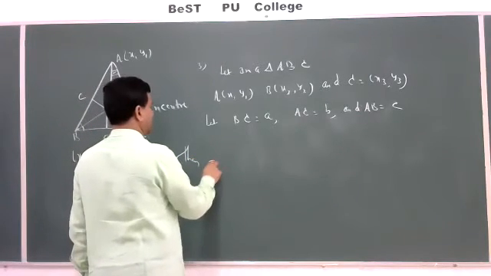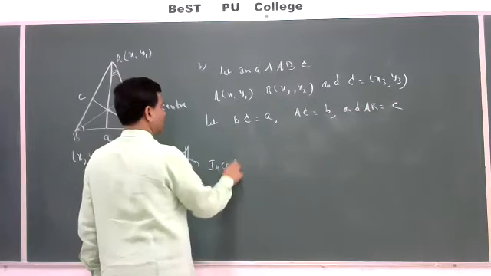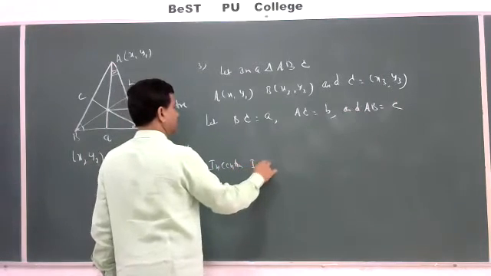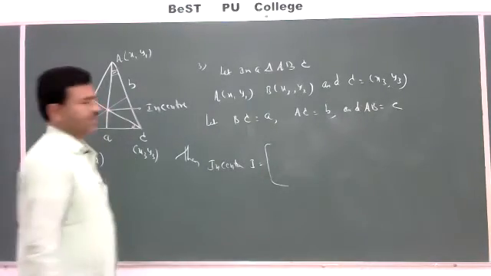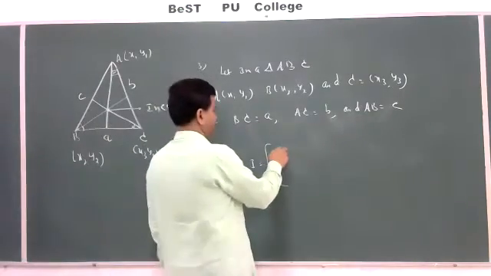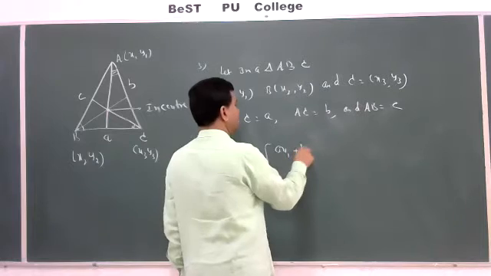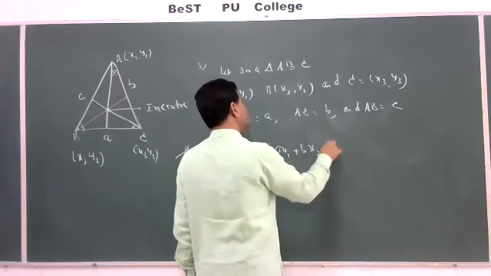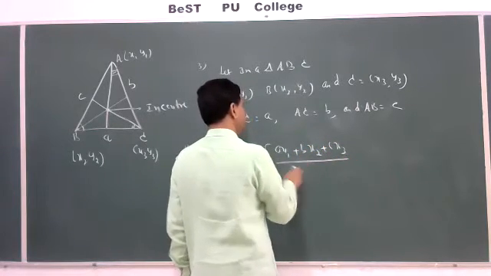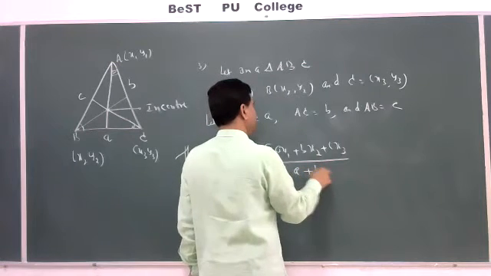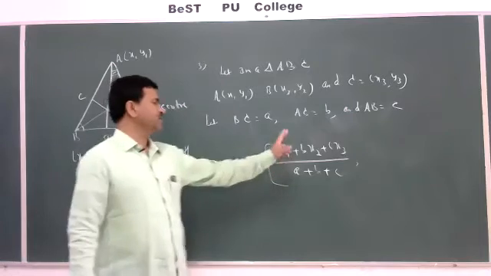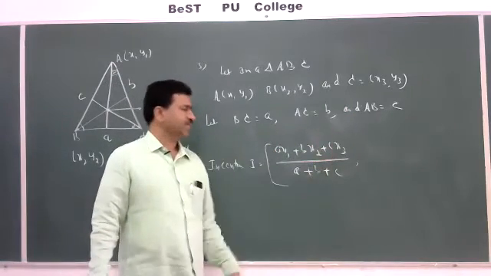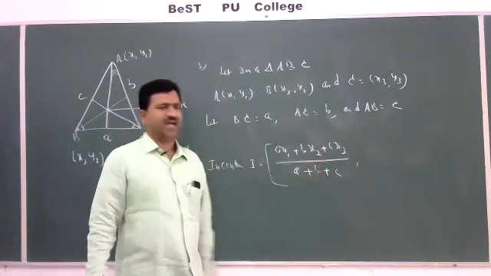the incenter I is equal to, first we'll write the x coordinate. The x coordinate is (a x1 + b x2 + c x3) / (a + b + c), adding the three sides.